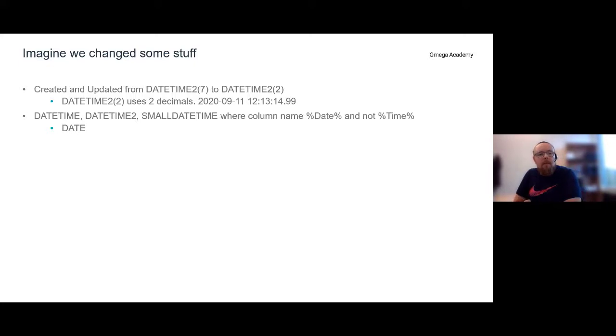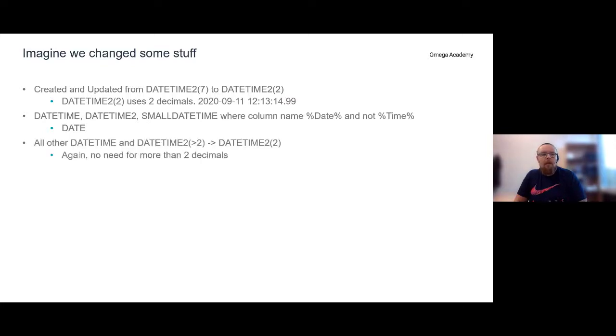We think that they should be changed from datetime to the date data type. Then let's do all the others that are datetime or datetime2 with more than 2 decimals. We change those to datetime2(2). This will, again, just make sure that we don't have more than 2 decimals.